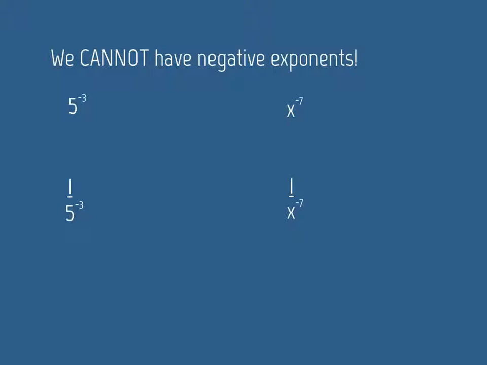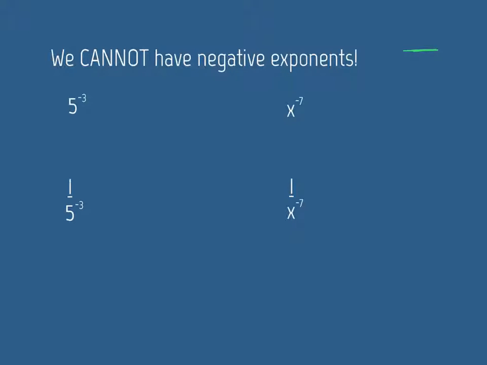So the rule of thumb is we cannot have negative exponents. So whenever you see a negative exponent, you have to get rid of it. Now I want you to think about something. A negative sign also represents the word opposite.